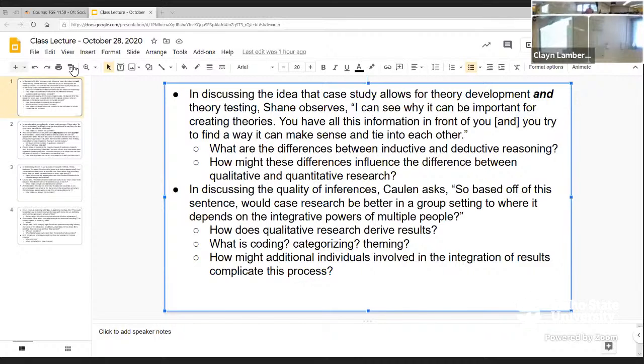Okay? Because of that, experimental research tends to go from, here's the theory, here's what I believe is true, and then I create a hypothesis that when I perform this experiment, this is what's going to happen.